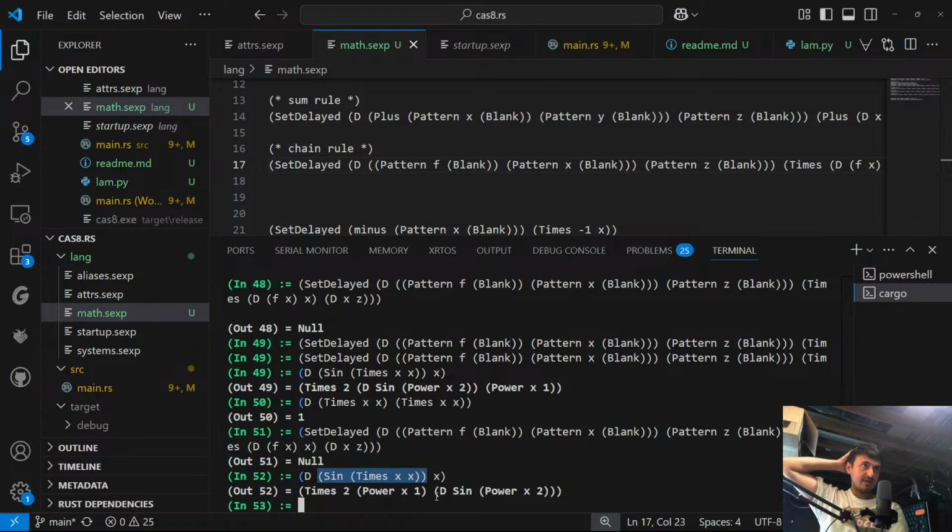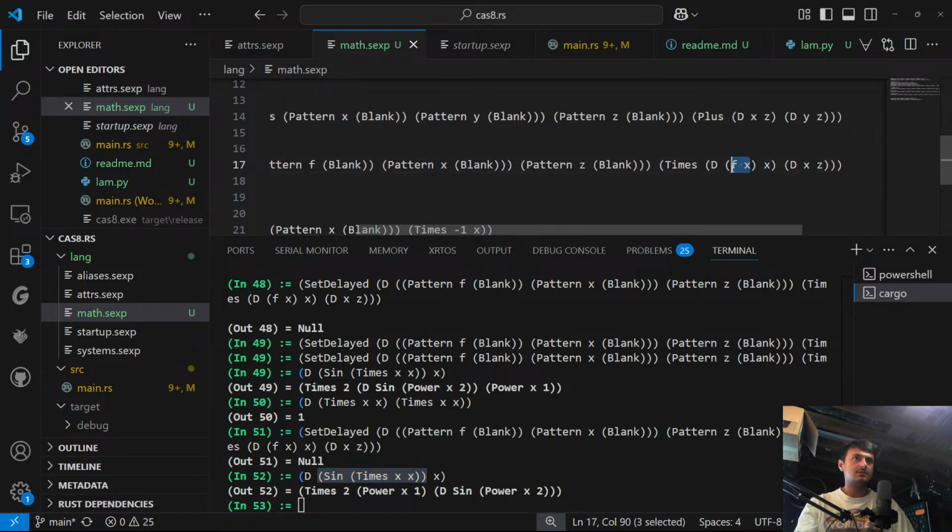Or no, this will match. This will match, but the question is, when I put in f of x, it's weird to me.